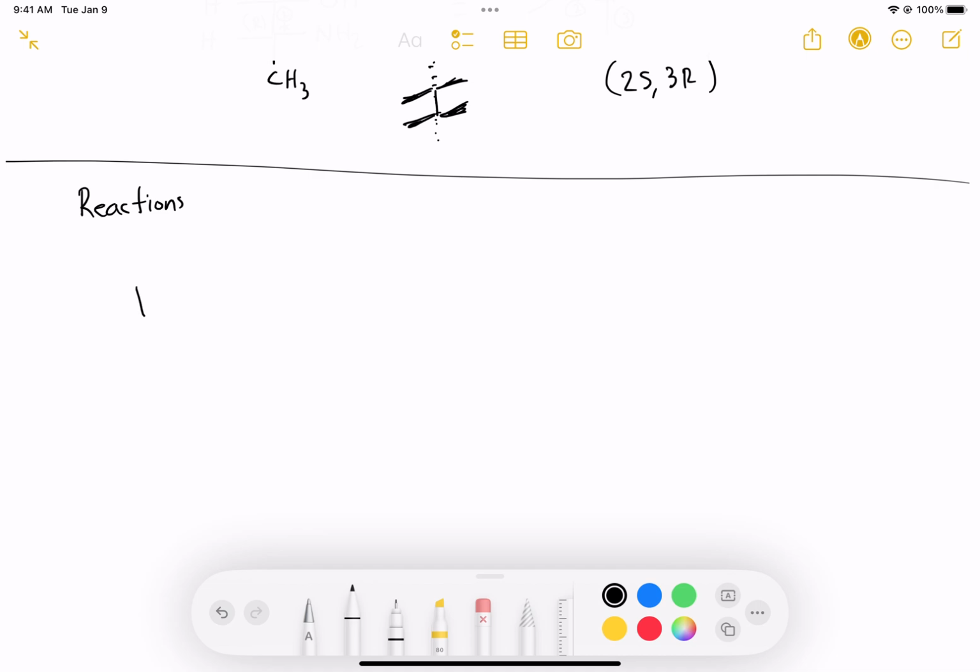All right. Say we have this molecule here. Okay. So we have a bromocyclopentane, sorry.